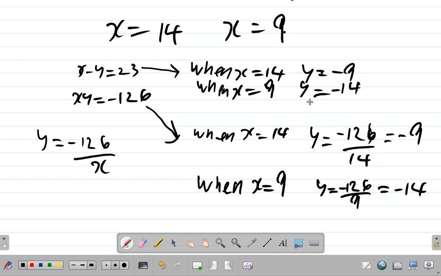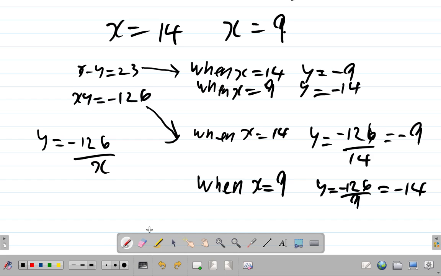So when x is 9, y is negative 14. Alright? So you could transpose this equation for y and find out what y is when x is this or the other. Alright? So, there you have it.